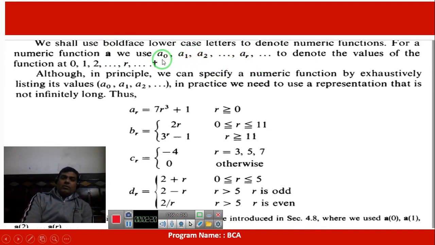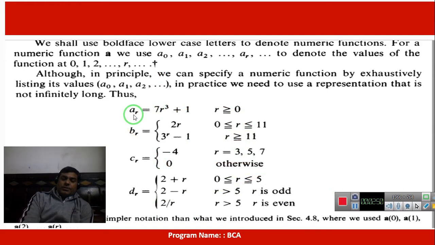So A0, A1, A2, A3, A4, AR are the numeric functions. This is the first term, this is the second term, this is the third term, this is the Rth term. This is a general term. So 0, 1, 2 and R are the numeric values corresponding to A0, A1, A2 and AR.